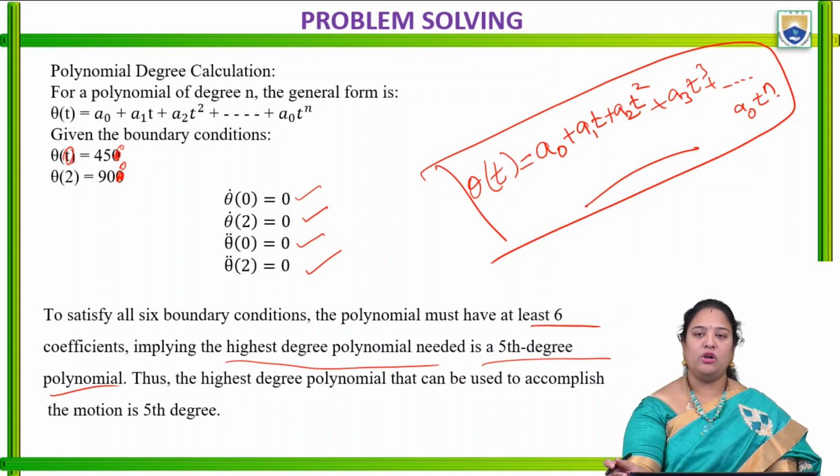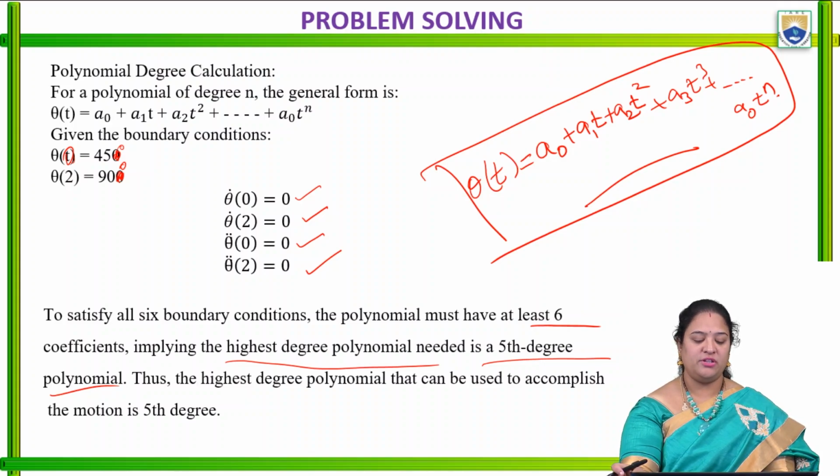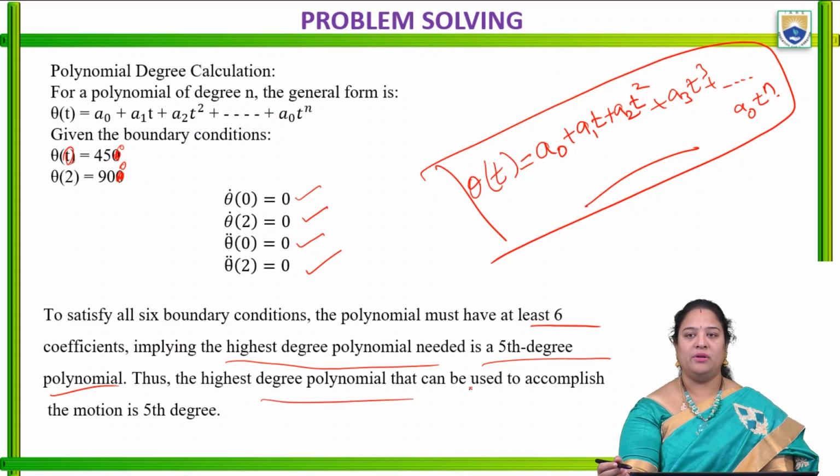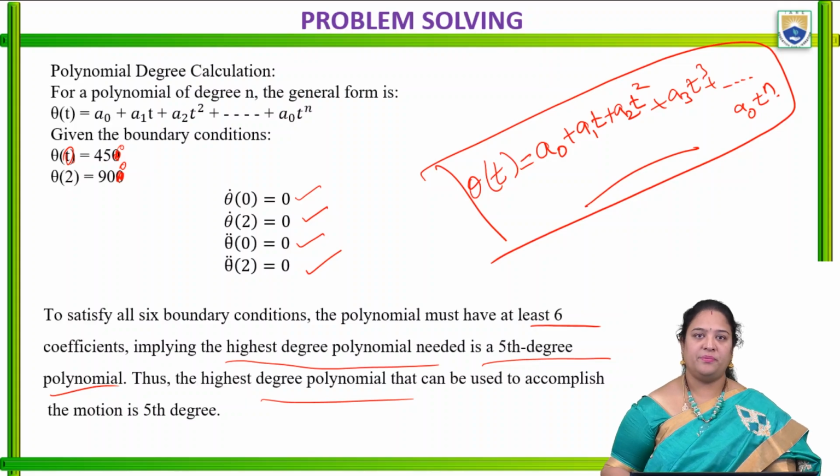Thus, the highest degree polynomial that can be used to accomplish the motion is the 5th degree, right? With the help of this equation, we have come to the conclusion that in order to find the highest degree polynomial, we should have at least 6 coefficients. Since the basic form has fewer coefficients, we need a 5th degree polynomial, and that is the final highest degree polynomial to accomplish the motion, right?